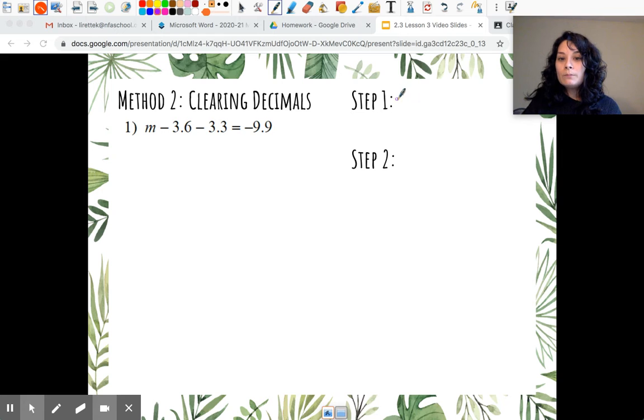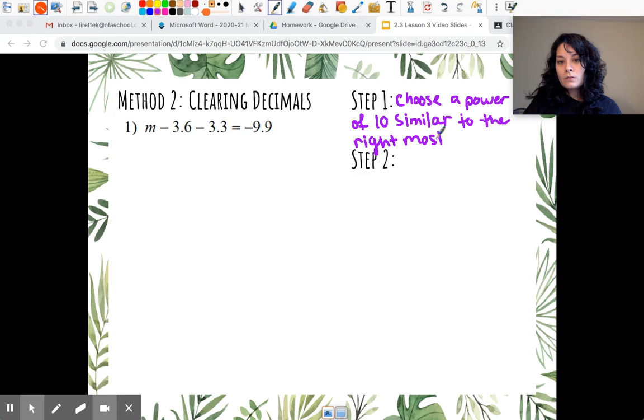So step 1, choose a power of 10 similar to the rightmost decimal place. So you're going to have to look at all the decimals to figure out which one that's going to be.